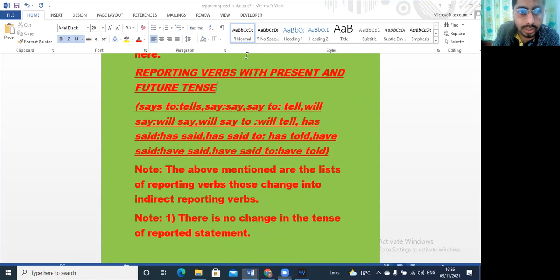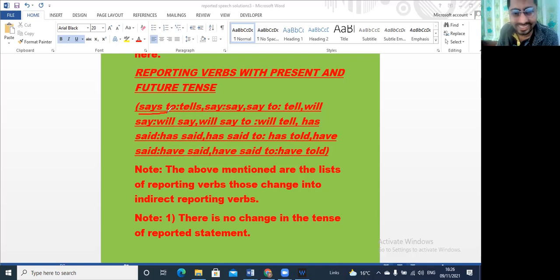So if we want to talk about this, let's know that says to, which tense is says? Simple present, having verb 5. Says is verb 5 of say. So as per we have written over here, says to, then its reporting verb should be also in verb 5, just like says to, tells. Says to, tells. Tells is also verb 5 of tell.